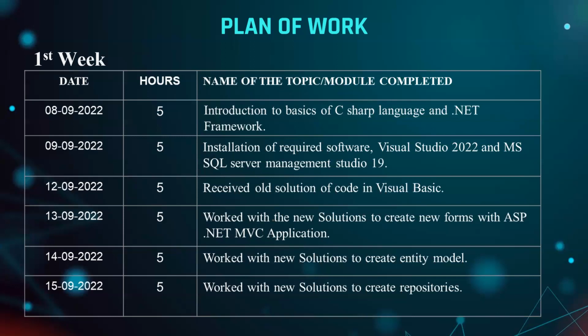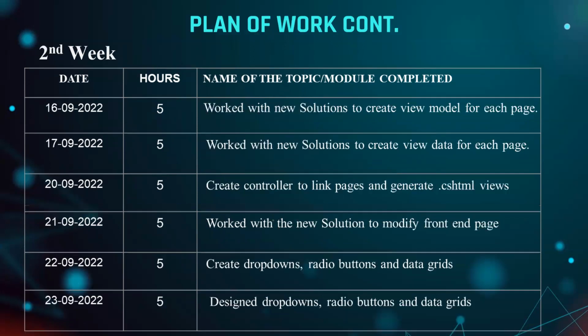Next, we have plan of work. In the first week, I learned the introduction to basics of C Sharp language and .NET framework, and worked with new solutions to create entity models and to create repositories. In the second week, I worked with new solutions to modify front end pages, and designed drop downs, radio buttons, and data grids.